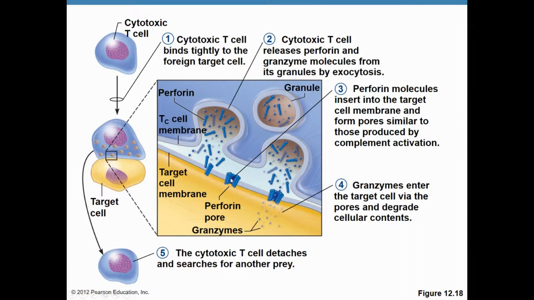Some of them are called perforins, so they form these little pores in the plasma membrane of the cell that's infected. And they have proteins called granzymes. So the perforins create little pores, and then the granzymes are going to move through the pores, and they are going to kill the cell by disrupting the metabolism of the cell.